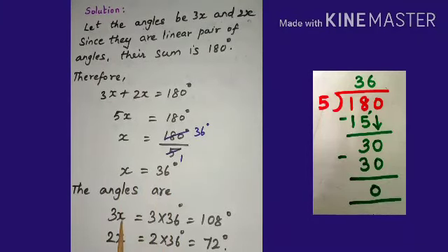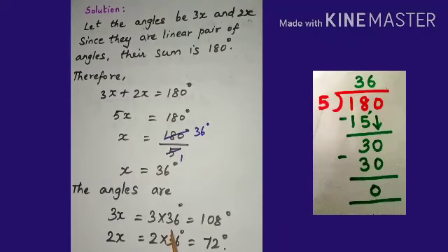Here we need the value of the angles 3x and 2x. For that, x is 36. 3x means, if there is no sign between two values, it is considered as multiplication. So that is 3 into x.